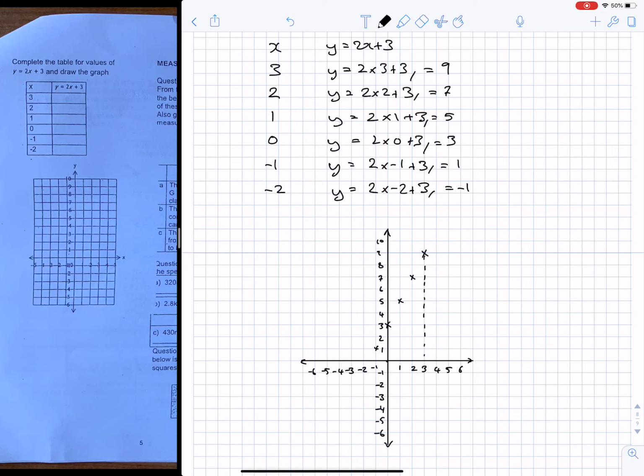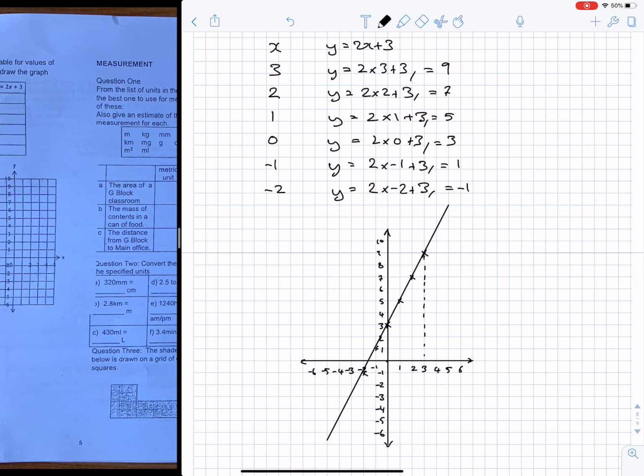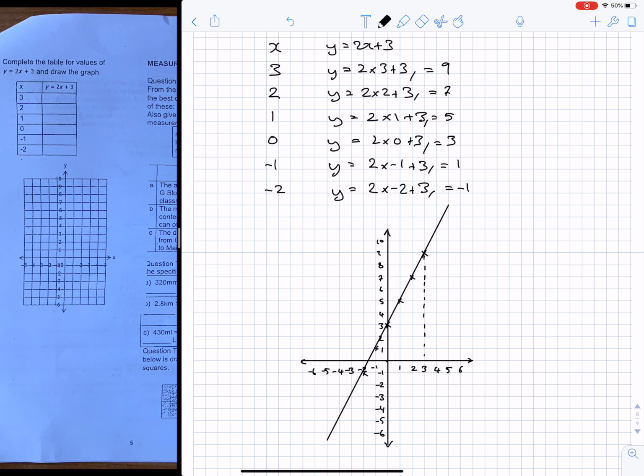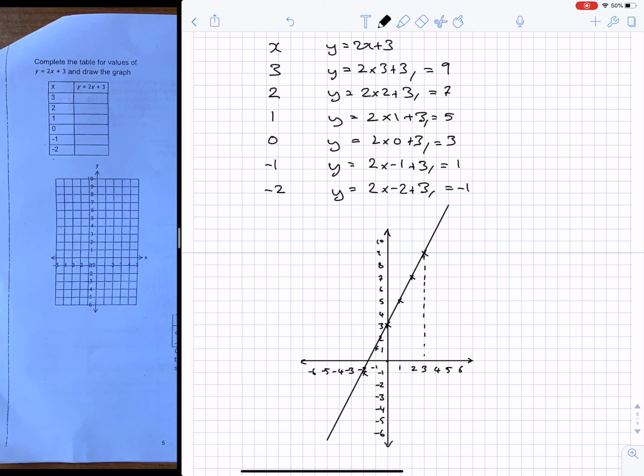X equals negative 2, y equals negative 1. So you can see there's this linear line going right there. Okay, and that appears to be the end of the algebra section.